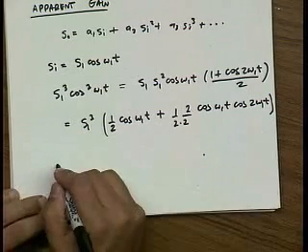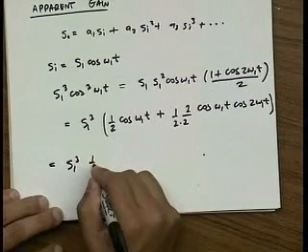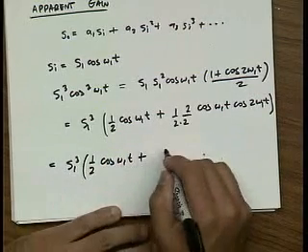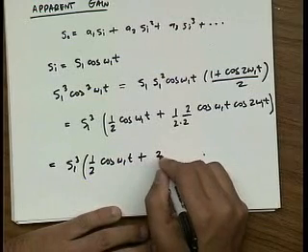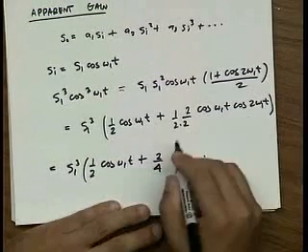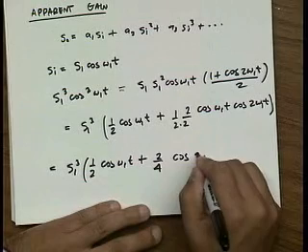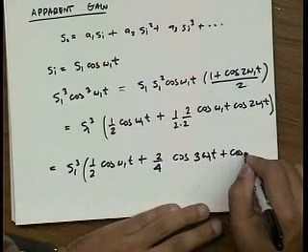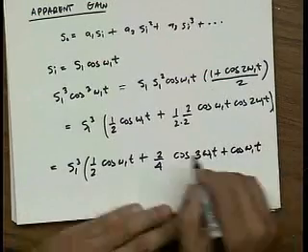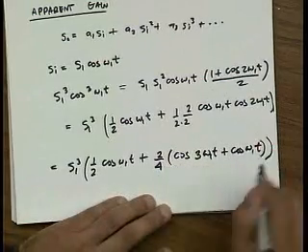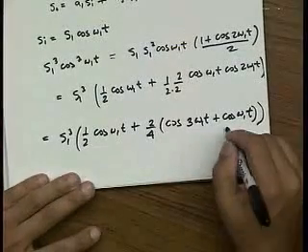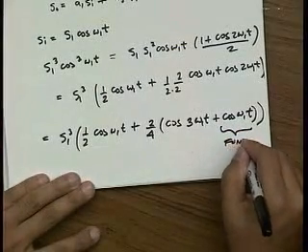So let me write that out. So I get 2 over 4. The sum frequency is cosine 3 omega 1t, and the difference frequency is cosine omega 1t. Okay? And it's really this difference frequency that's very important, because this is at the fundamental.